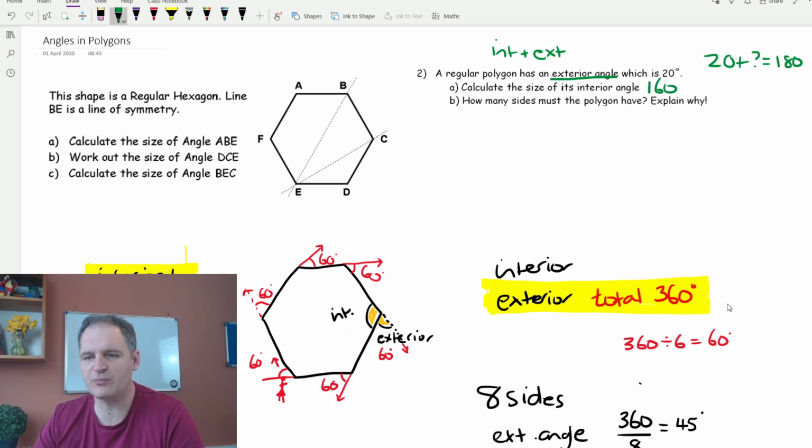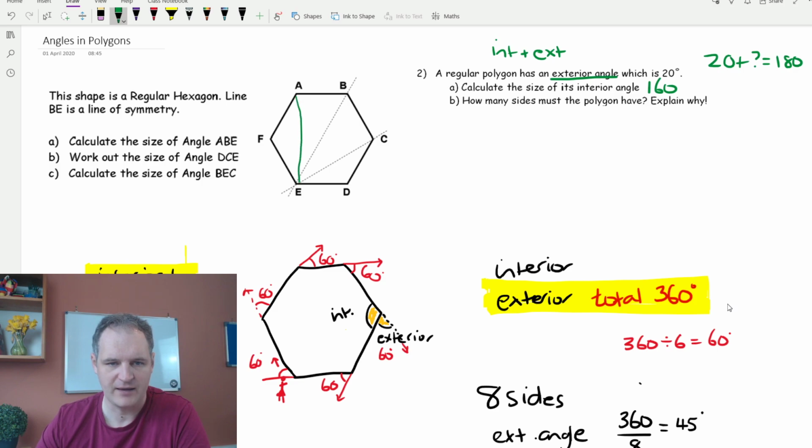How many sides must the polygon have? This is working backwards. Willow was asking about it earlier, why does it take away 2? It's because the number of triangles is always 2 less than the number of sides. 1, 2, 3, 4. It's 2 less than the number of sides.